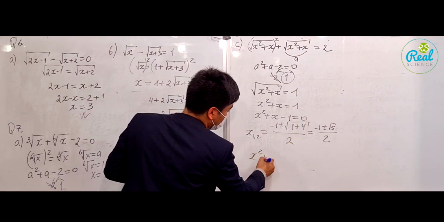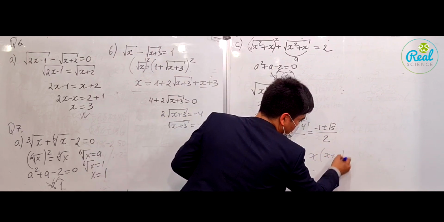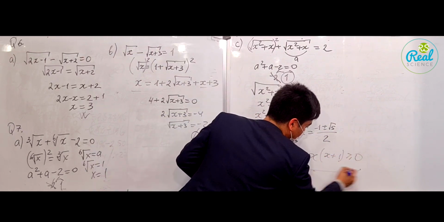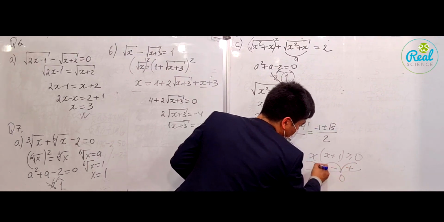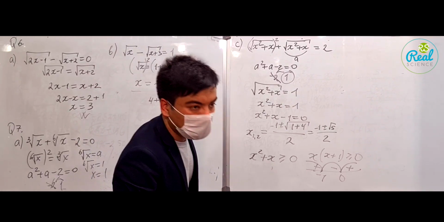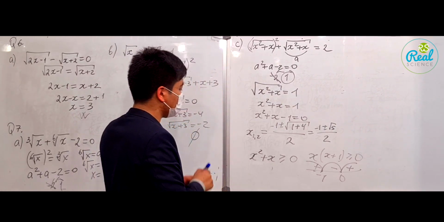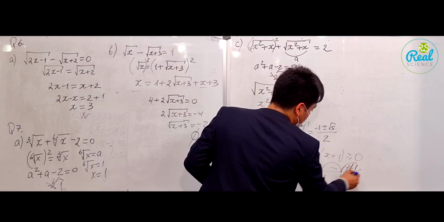Let's put the domain of the function. Actually, minus 1 and 0. Positive, negative, positive, yeah? But we need positive 1. So we need positive 1.